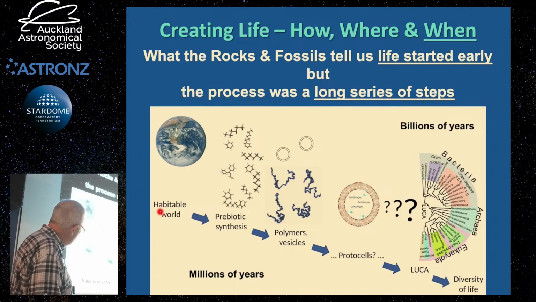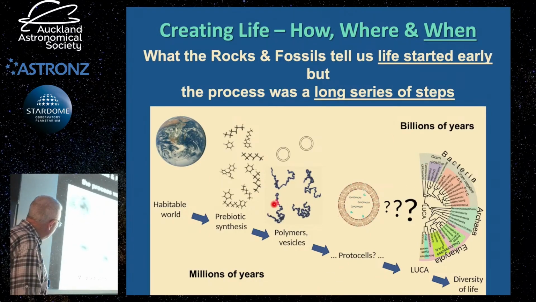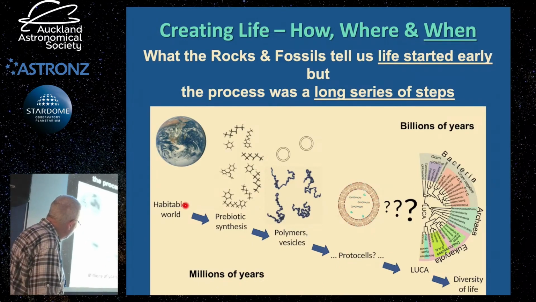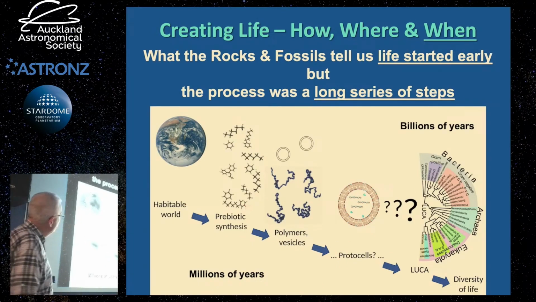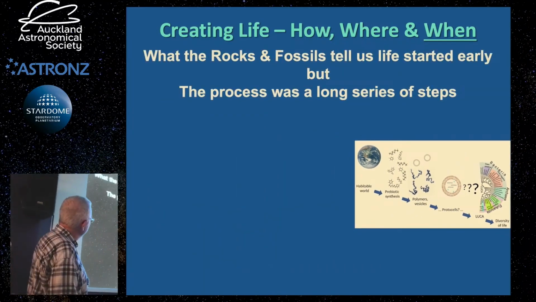Over millions of years, all this develops into simple life, then to LUCA, the last universal common ancestor, before you get this diversity of life over billions of years. This would have taken probably hundreds of millions of years, a long series of steps early in Earth's history. And that's what the rocks tell us.